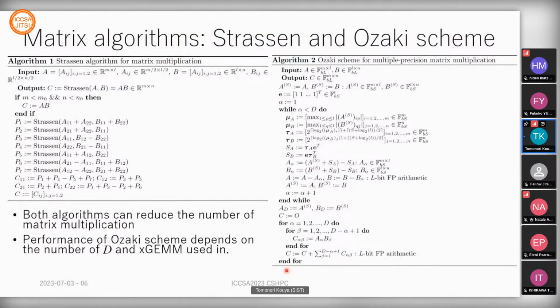We can support two matrix algorithms. One is the Strassen algorithm, and another is multiple matrix multiplication with Ozaki scheme. Both algorithms can reduce the number of matrix multiplications, but in Ozaki scheme, the performance depends on the maximum number of decompositions of matrix A and matrix B, and short precision XGEMM functions.